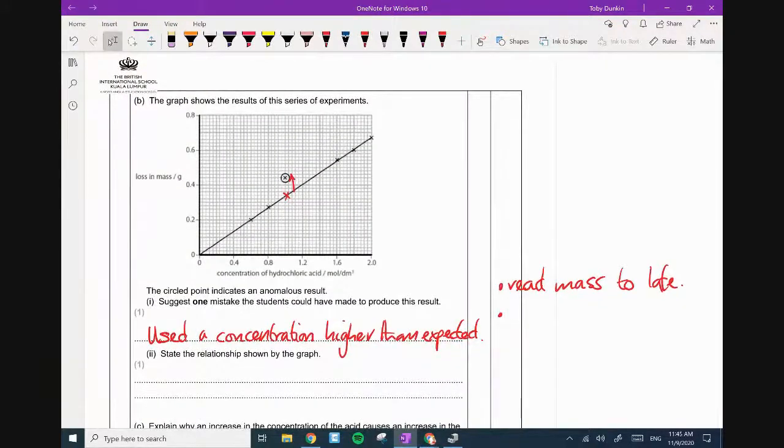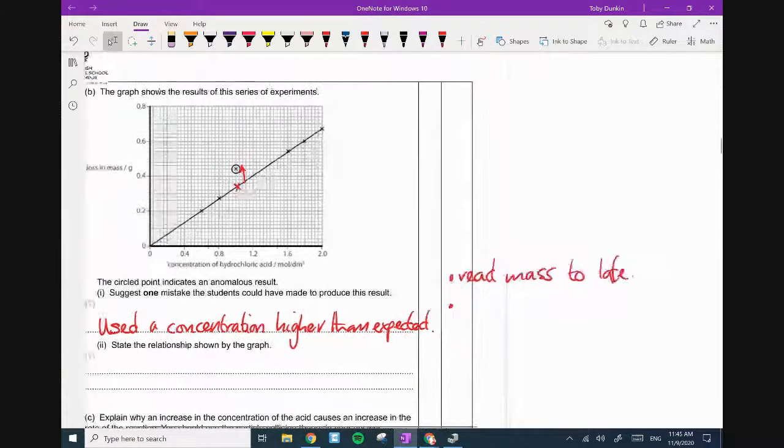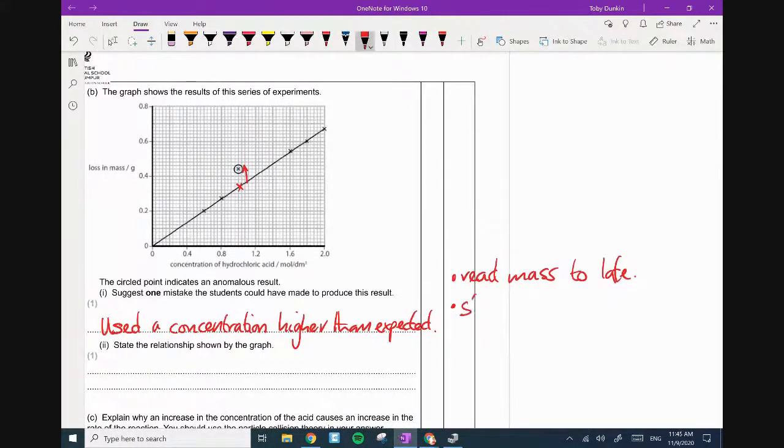You're saying that if he adds it and he starts the stopwatch too late, it means that he's still going to record to a minute and get a mass. No, so that's allowed. Stop clock after adding calcium carbonate, left it too late.